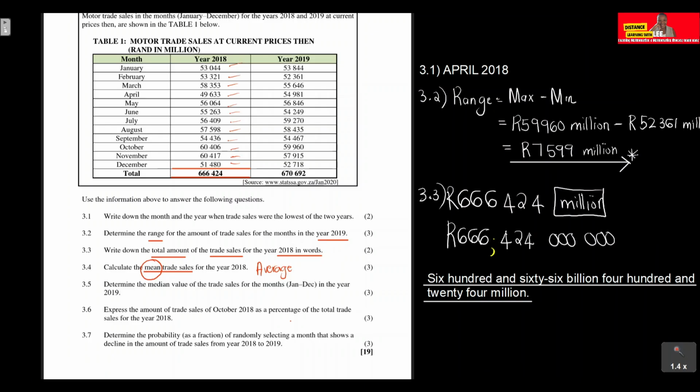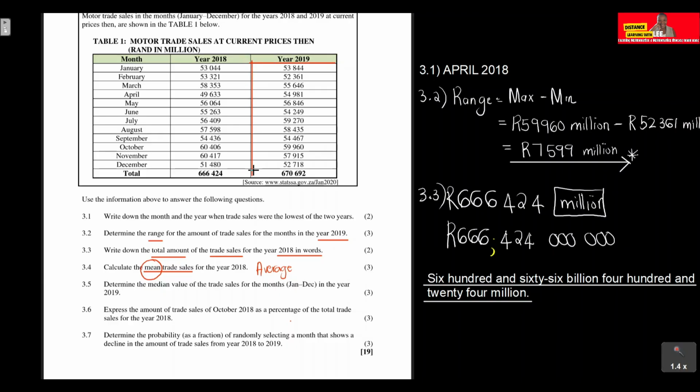Let's have a look at question 3.5. It says determine the median value of the trade sales for the months January to December in the year 2019. So in this case, we're focusing our attention on the year 2019, and we want to determine the median. What is the median?